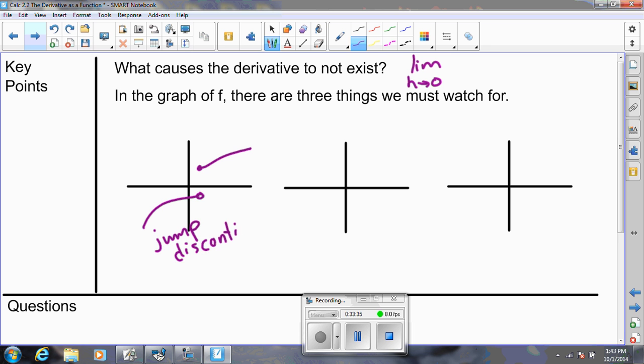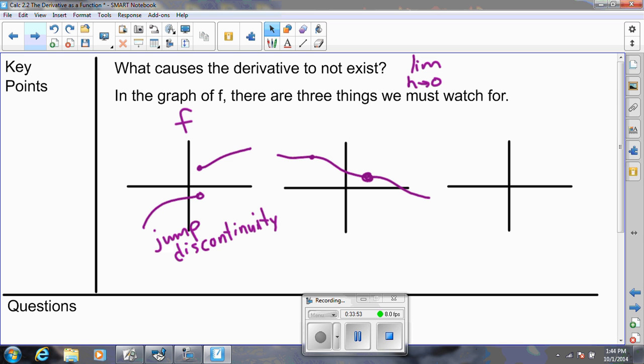and this is the graph of our function f. If f has a jump discontinuity, it's not differentiable. We just saw that if you have a removable discontinuity, and let me change the color so we can see it better. If we have a removable discontinuity, it's a problem.